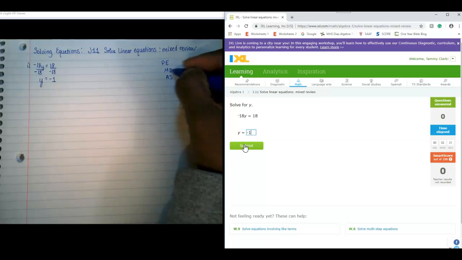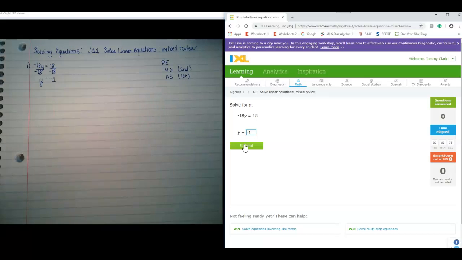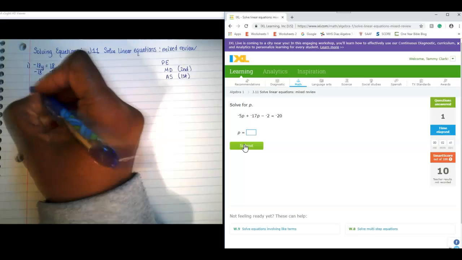So where we would do, if we knew everything, we would go straight down this way: parentheses, exponents, multiplication, division, addition, subtraction. When you're solving equations, remember, you're going to do addition, subtraction first, and then multiplication or division second. All right, let's look at number 2.